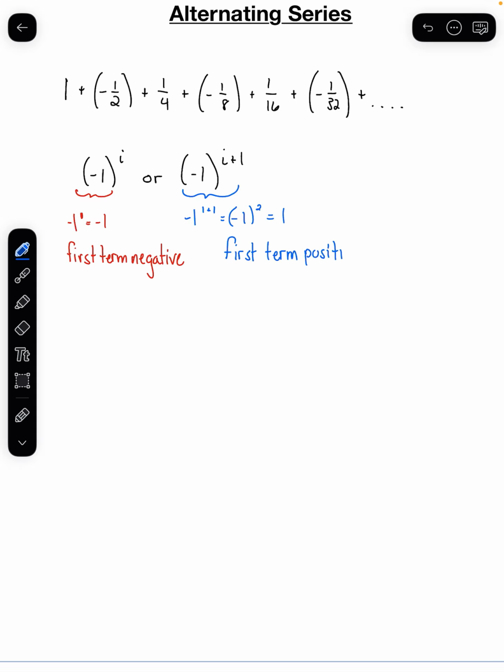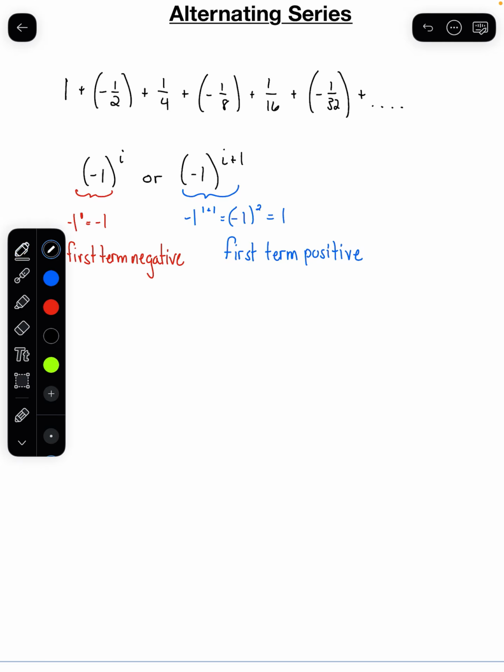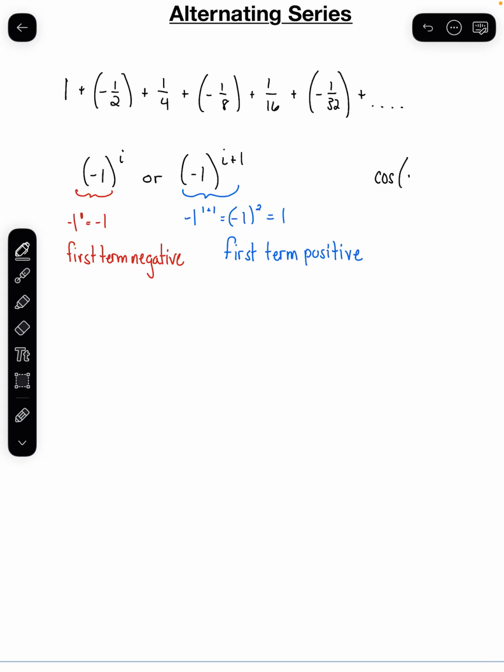After that, each increase of 1 in the value of I, as the iterative variable does in a series, will cause the power on the -1 to flip-flop back and forth between even and odd, and thus create the alternating sign. More rarely, but occasionally, you may also see cosine of I times pi.